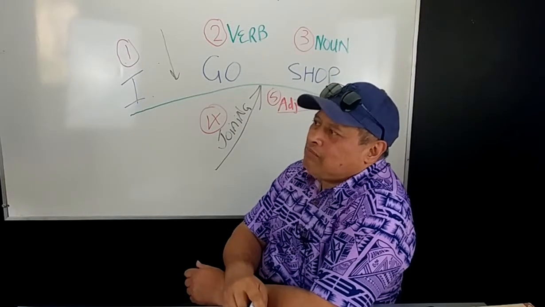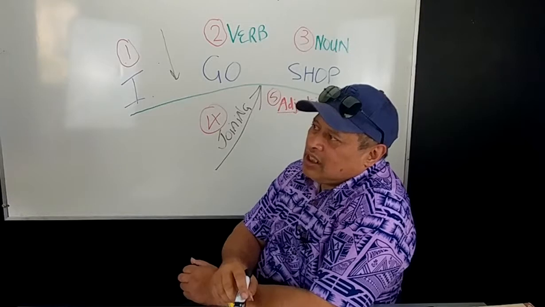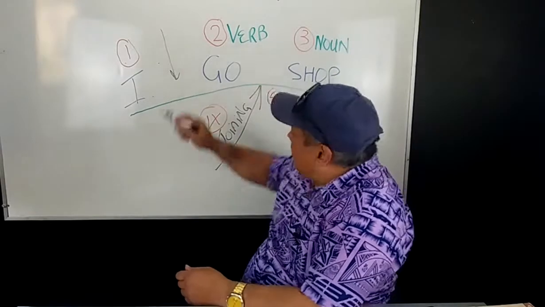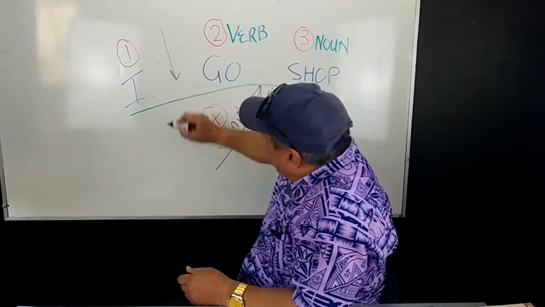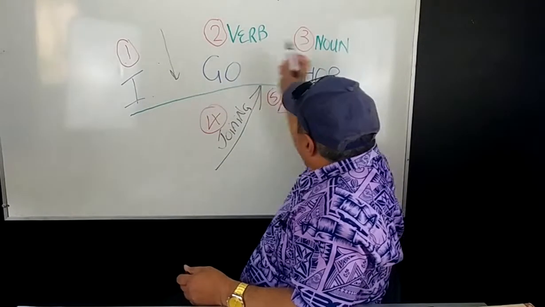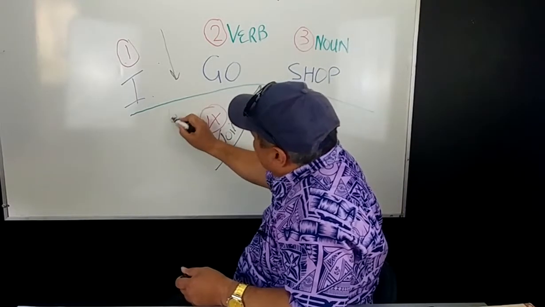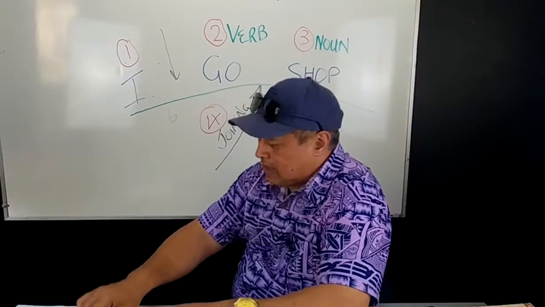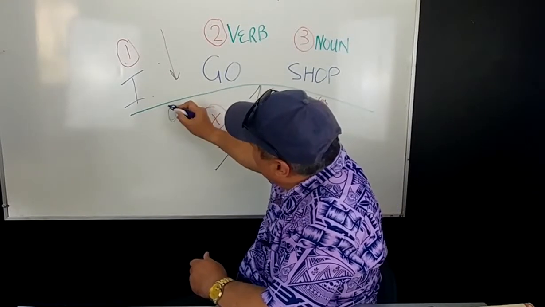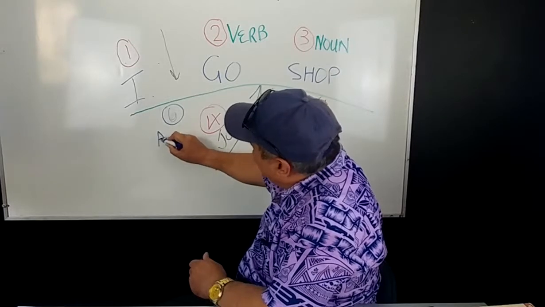I jump freely, I smoke happily, something like that. They are called adverbs.